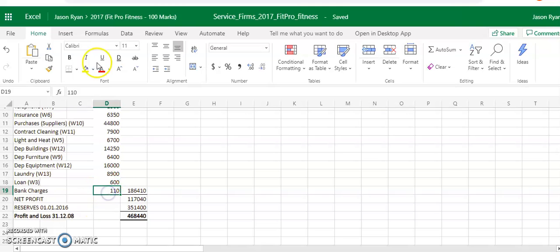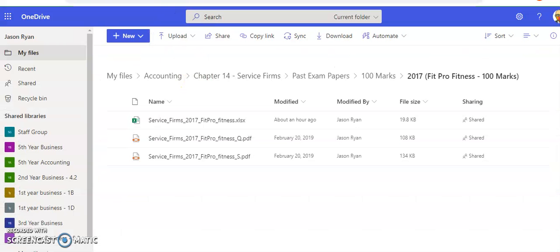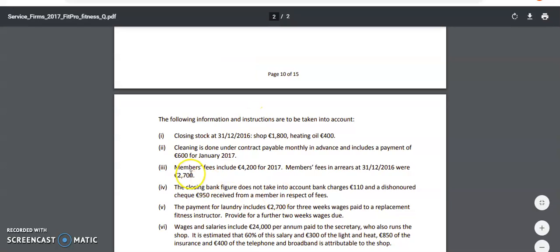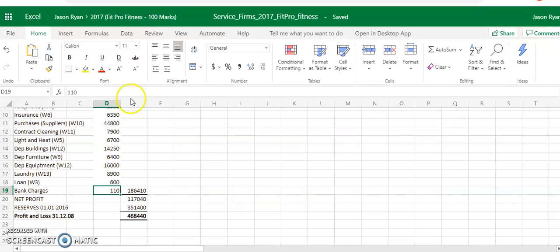And then these bank charges. So these bank charges are part of this question here. So the closing bank figure does not take into account bank charges of 110 and a dishonored cheque for 950. So that 110 is an expense. It's a fee that we have to pay. So it's going to increase our expenditure.